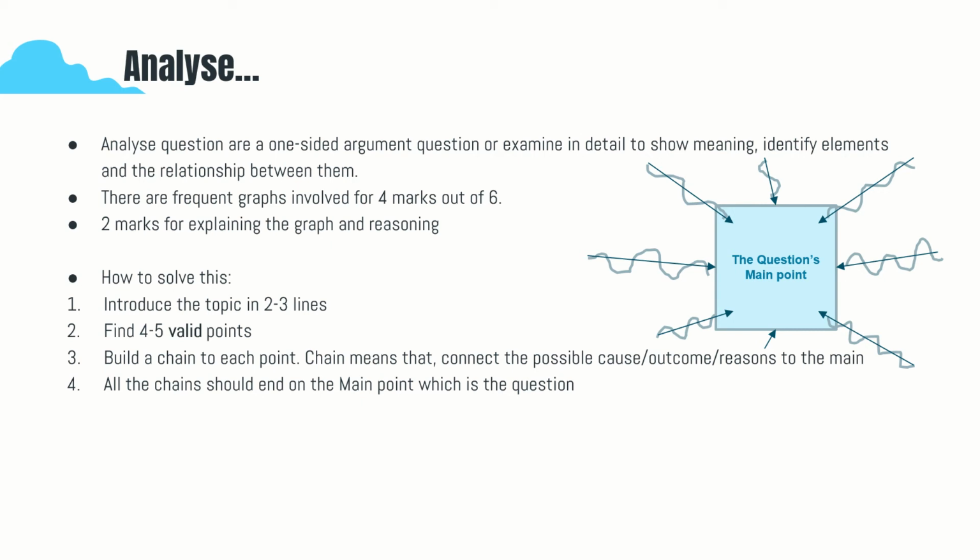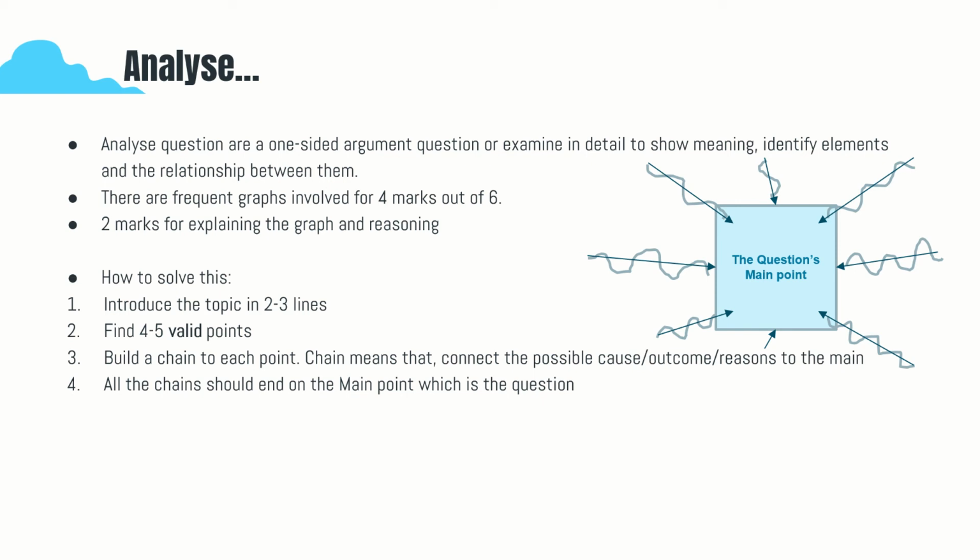How to solve this: introduce the topic in 2 to 3 lines, find 4 to 5 valid points, and build a chain to each point. Chain means that you connect the possible cause, outcome, and reasons to the main point. All the chains should end on the main point, which is the question.